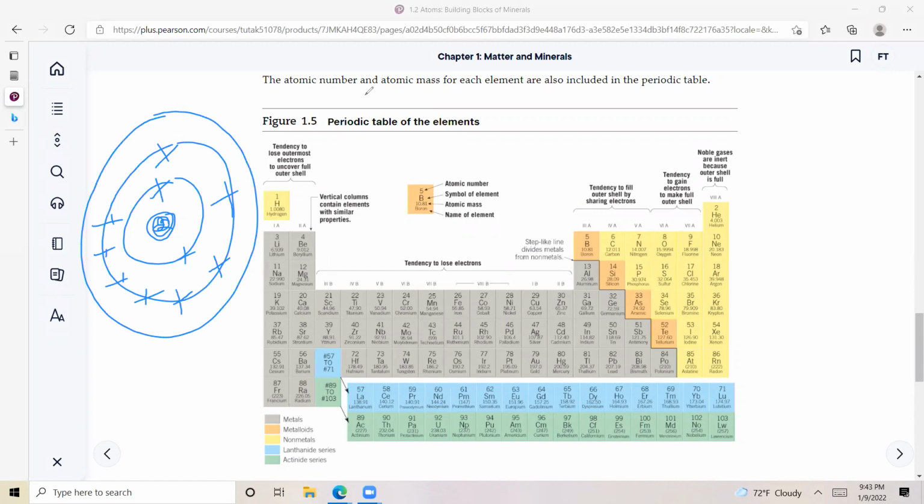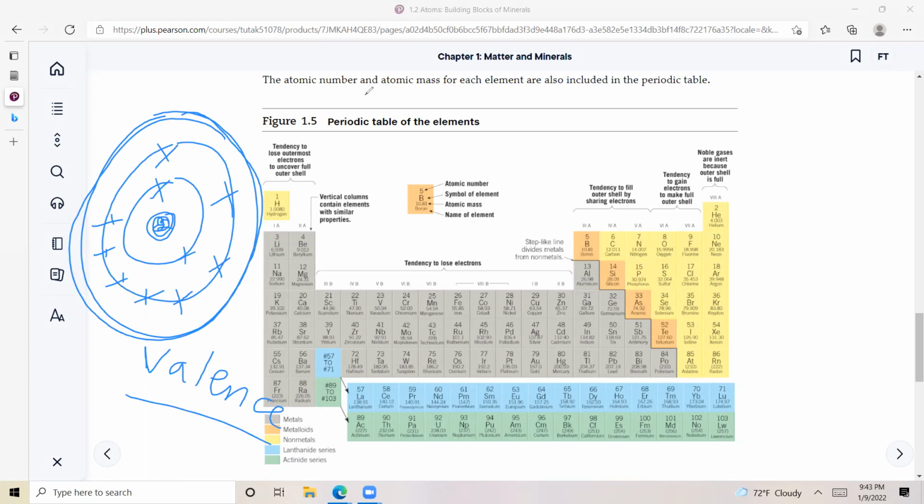Listen to this one very carefully: the electrons in the outermost shell are called valence electrons. Outermost electrons are called valence electrons. Why is it important?